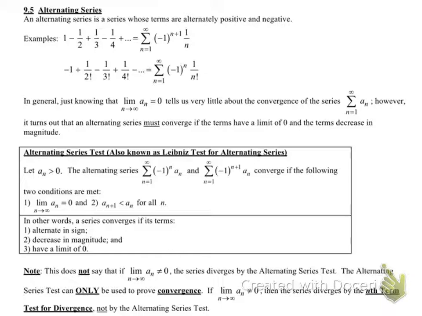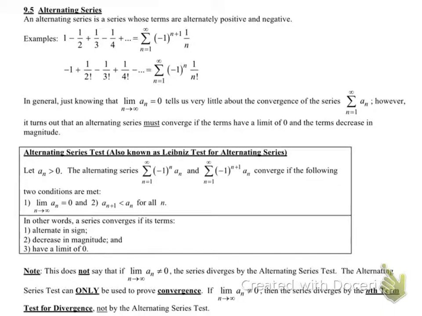The limit of the terms must approach 0, and always the next term will always be less than the previous term, that is without the sign, for all n.